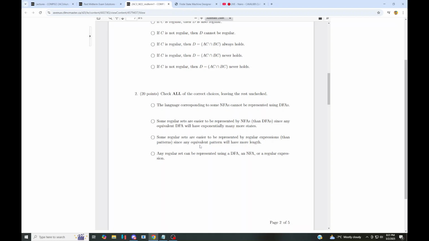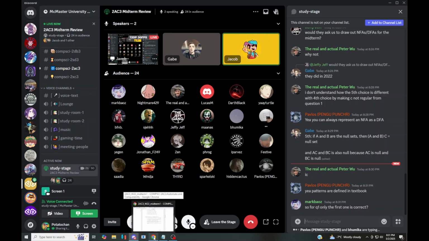You couldn't really find anything about it online. So I think it has something to do with the textbook, but I'm not sure. Maybe it's content they covered back in 2022. This is just strange to me. I don't even know what the answer is supposed to be. If anyone has insight on patterns, it's defined in the textbook.